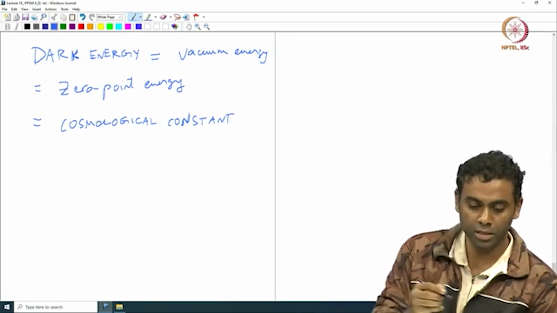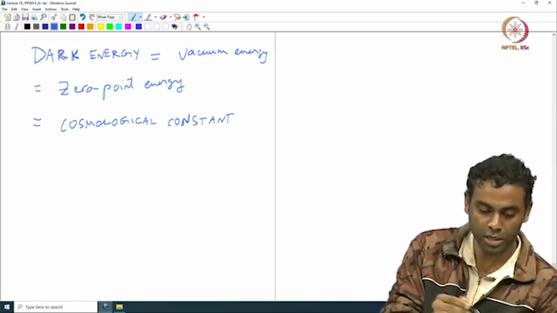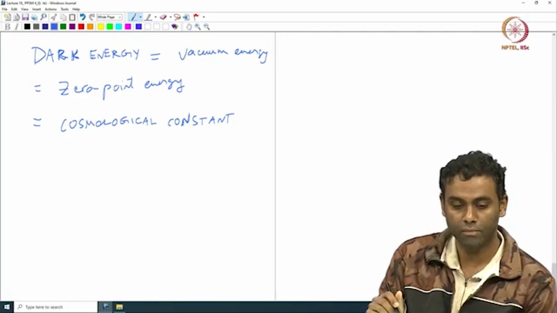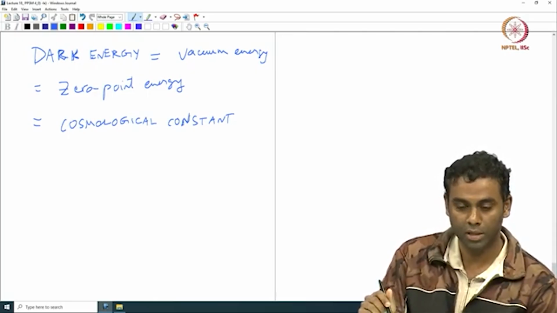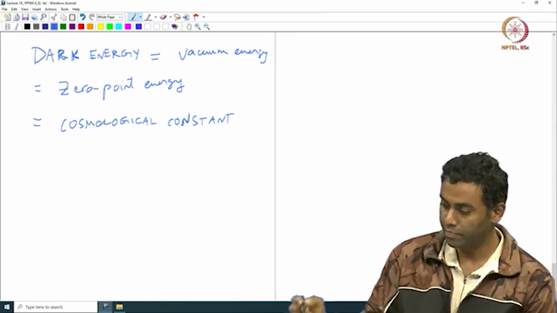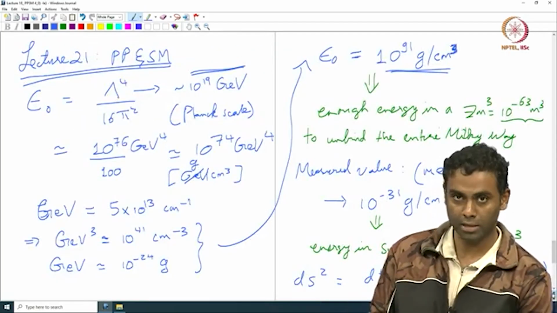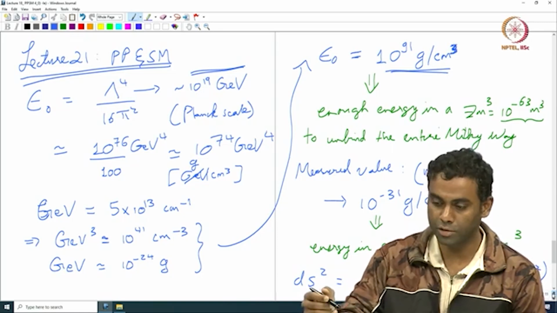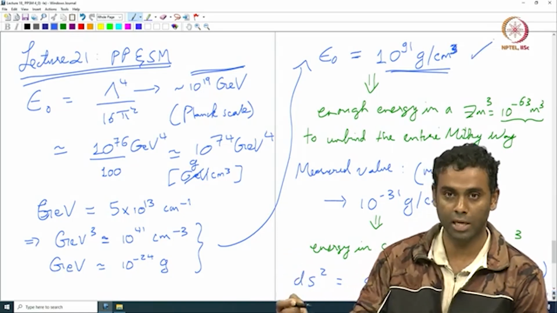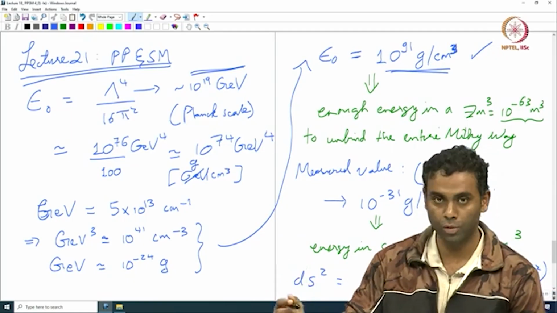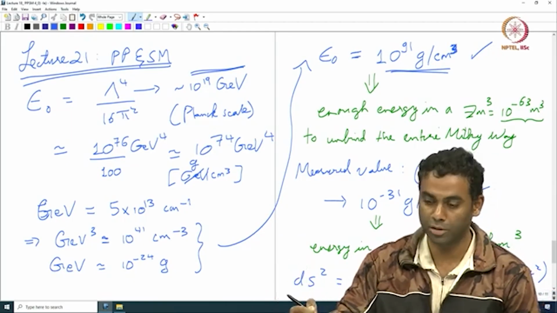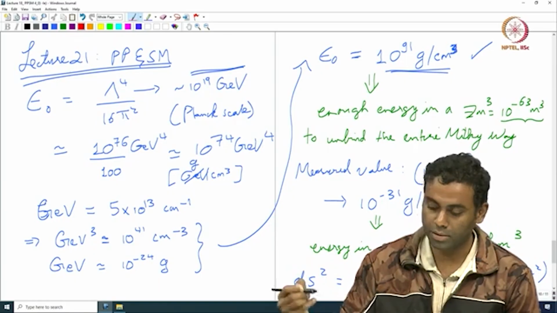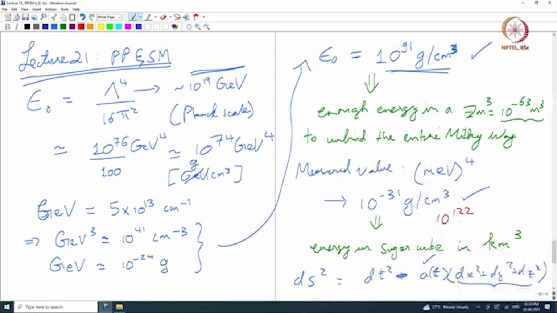As far as particle physicists are concerned, the content of dark energy is not such a mystery. What is a mystery is the fact that we naively, using UV cutoffs, expect a value like this, but then we get a value that is, how many orders of magnitude is this? This is 122 orders of magnitude smaller, correct? 91 plus 31.